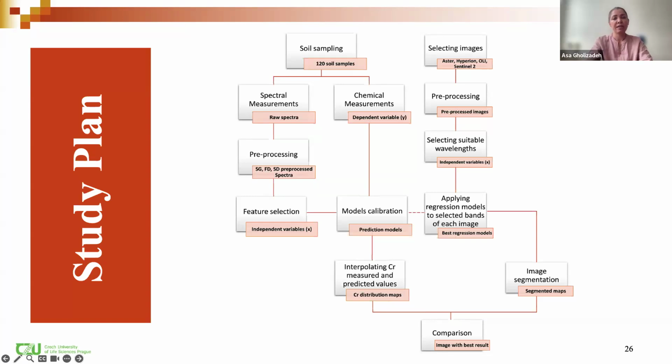The important wavelengths were determined using PLSR and genetic algorithm. Then artificial neural network, SMLR and PLSR data mining techniques were applied to the selected spectral variables, which were selected using the techniques that I mentioned. Finally, the developed models were applied to the selected bands of Aster, Hyperion, Sentinel-2, and Landsat satellite images of the area.